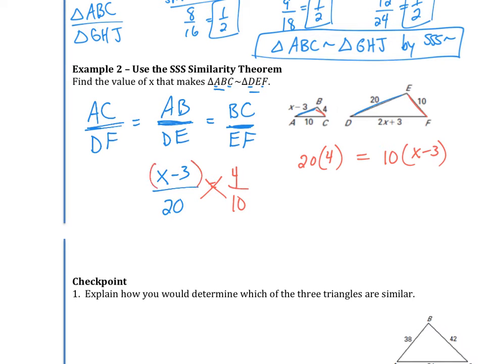Notice I put parentheses around the x minus 3, because if I don't, I tend to forget that I have to distribute the 10. So we'll have 10x minus 30, where a lot of people would write down 10x minus 3, but it should be 10x minus 30. And 20 times 4 is 80, so 80 equals 10x minus 30.